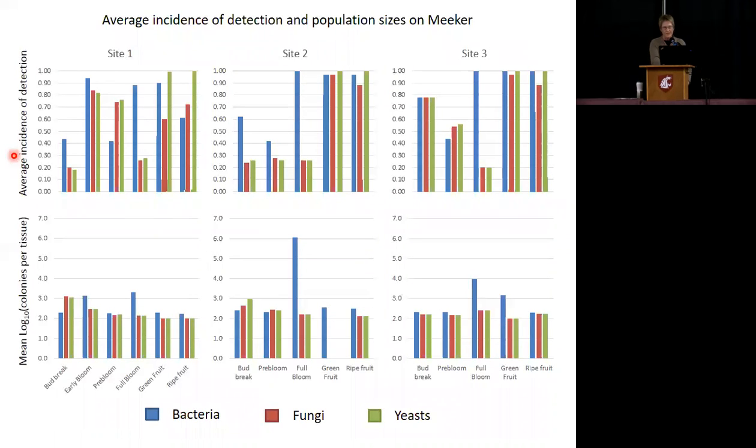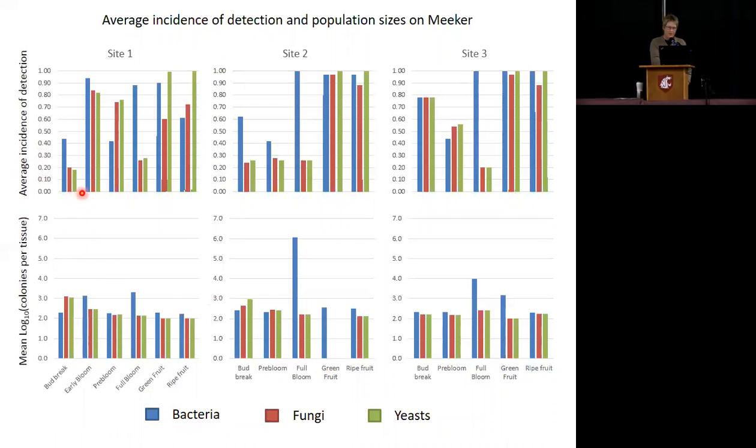And the microorganisms are indicated by the bar color. So bacteria are indicated by blue, red is fungi, and green is yeast. So for example, in site 1, we found that 40% of the samples or so had culturable bacteria, and then 20% had culturable fungi, and about the same for yeast.